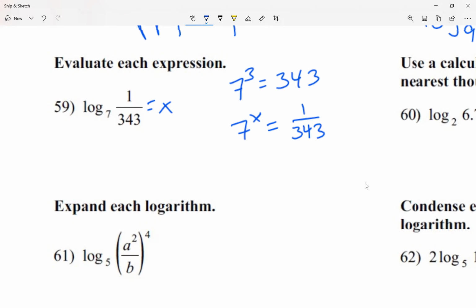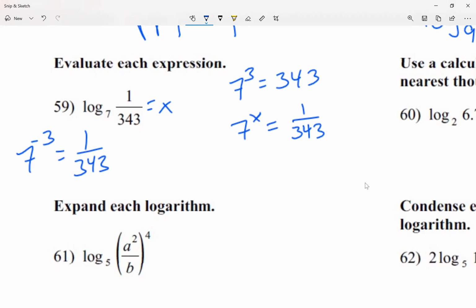Okay, so coming back to what I said a few seconds ago, 7 to the third is 343. Now, how can I get 343 but as a fraction and flipped? 7 to the negative third is 1 over 343.